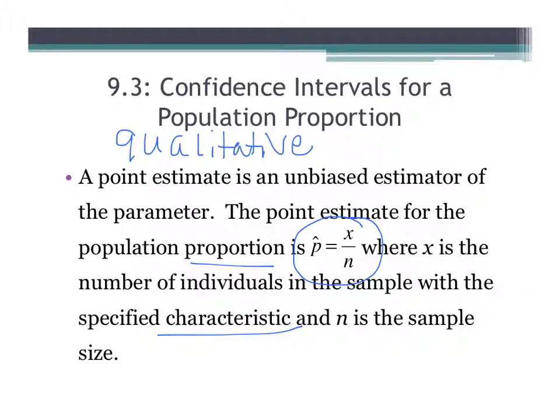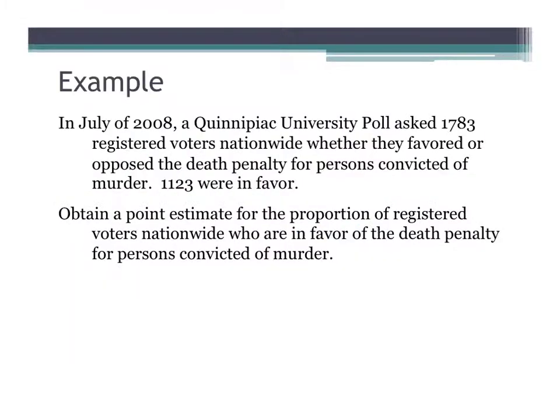So you can't find the average of colors, but you could find the average number of people who have that favorite color. So you can find the proportion or number of people or percentage of people with a certain characteristic. And so that's what we're going to be characterizing in section 9.3.